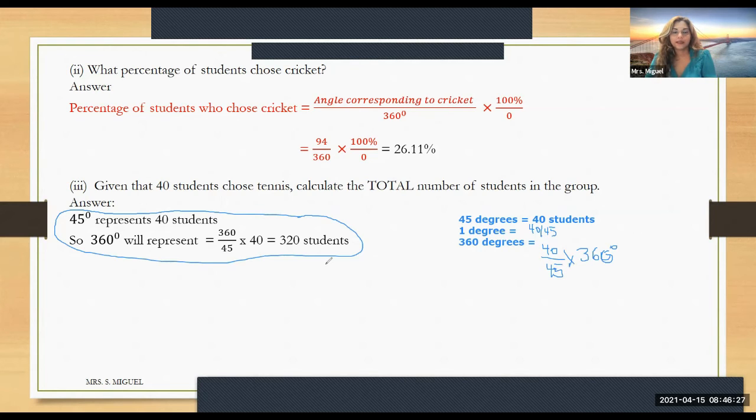Another way of doing it: this is the circle. Half of 90 is 45, not so? So here represents 45, and this represents 40 students. So a 90-degree angle will be represented by another 40, giving 80 students.